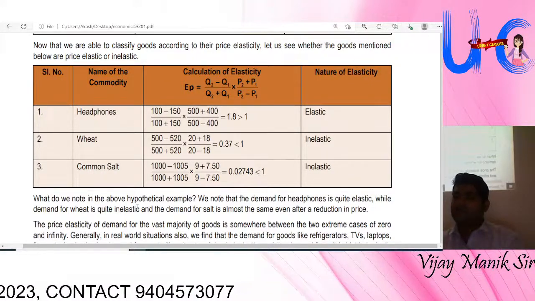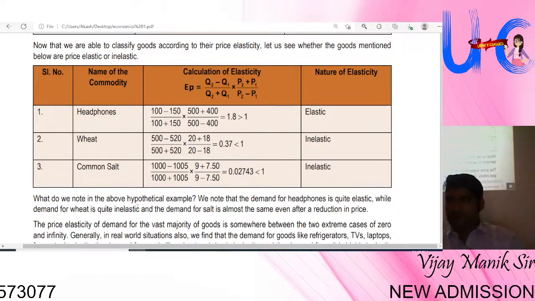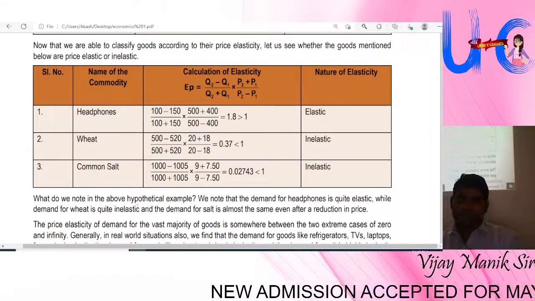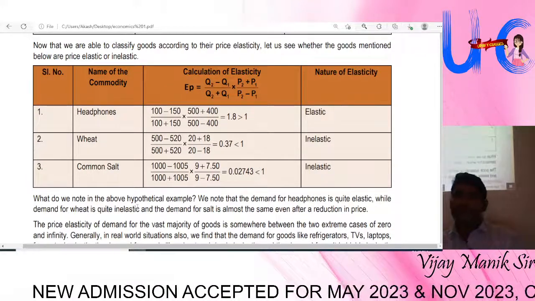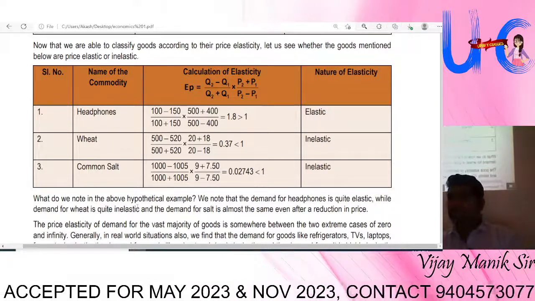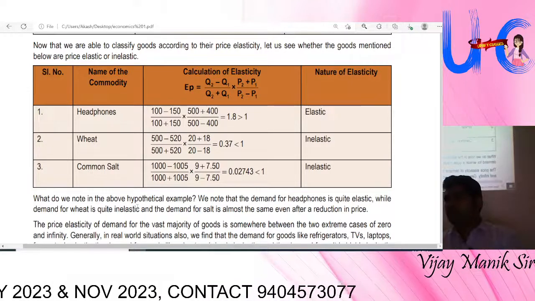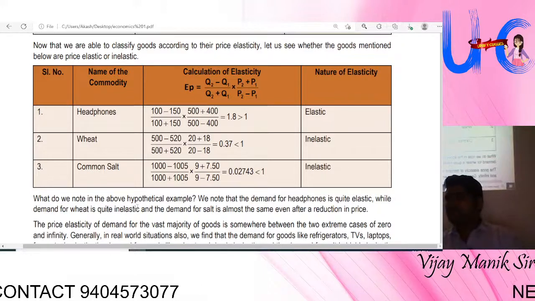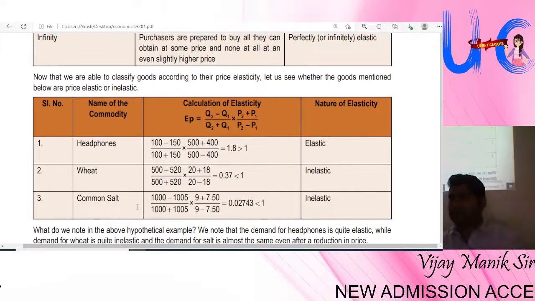इसमें पॉइंट 37 वही ना. 0.02743, ओके inelastic है. Why we call it inelastic? Elastic means what? Changes are there. Okay, and which kind of changes are there? Unitary means what?